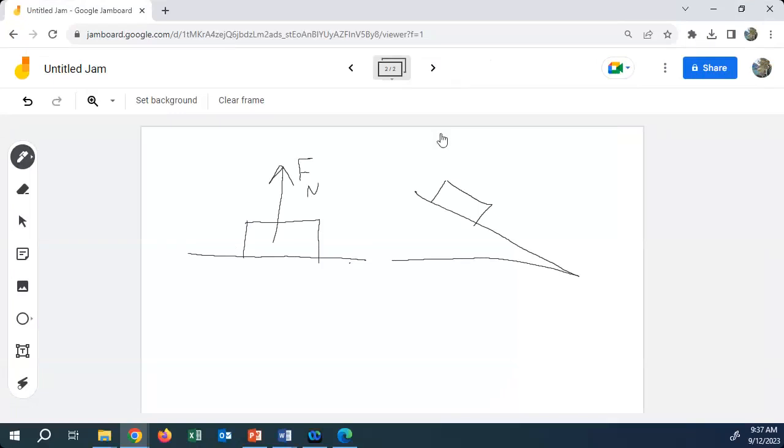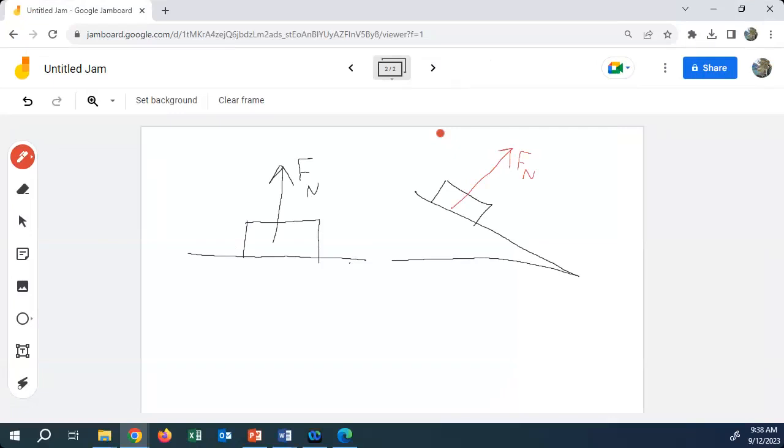What is the Fn direction then? Up. Which direction? Up means here? No, it's against the perpendicular. Perfect. It's perpendicular to the surface. So if this surface is here, Fn is going to be perpendicular to the surface. Good?